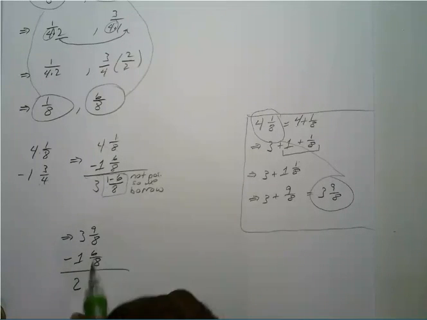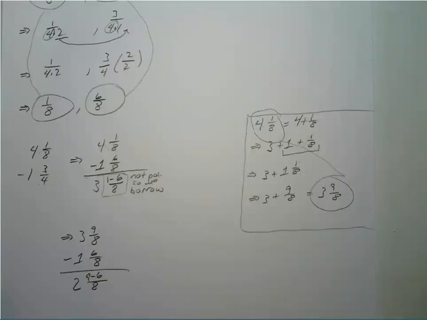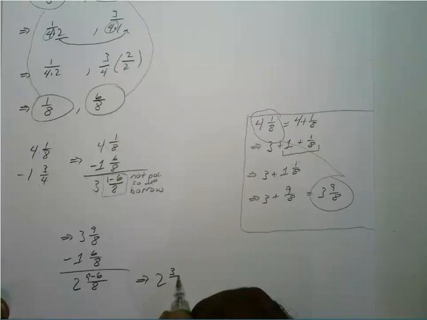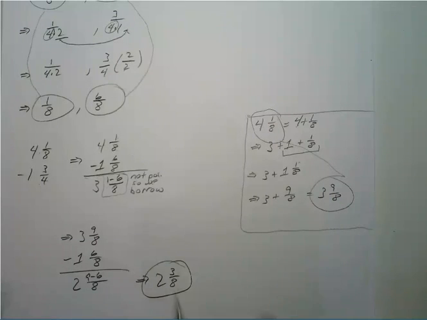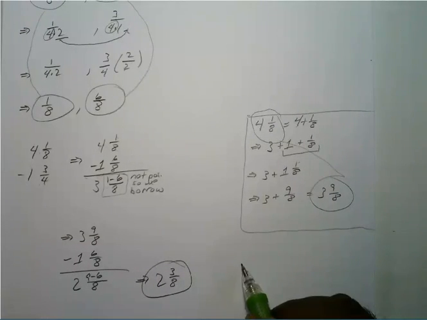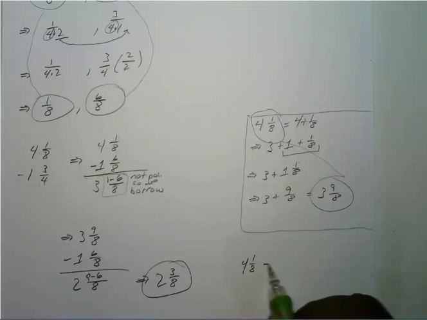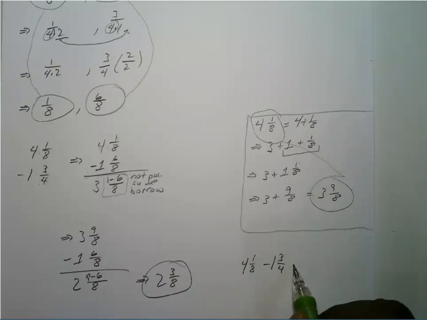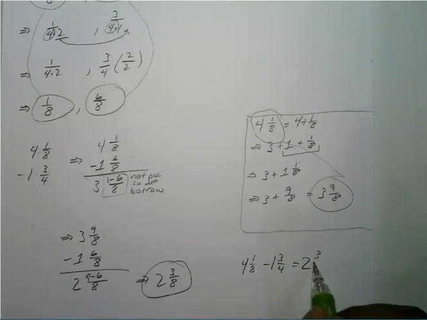So we have 9 minus 6 over 8. So we have 2, 9 minus 6 is 3 over our common denominator of 8. So 4 and 1/8 minus 1 and 3/4 is equal to 2 and 3/8.